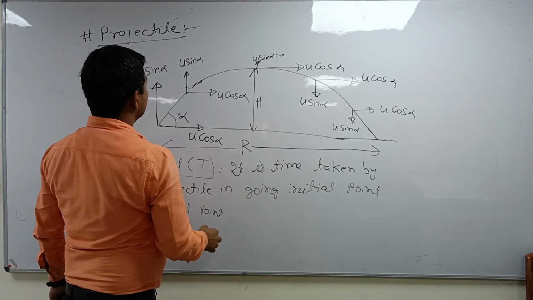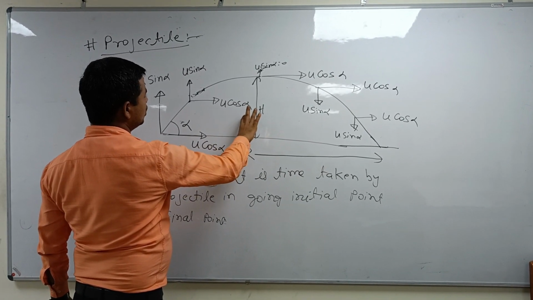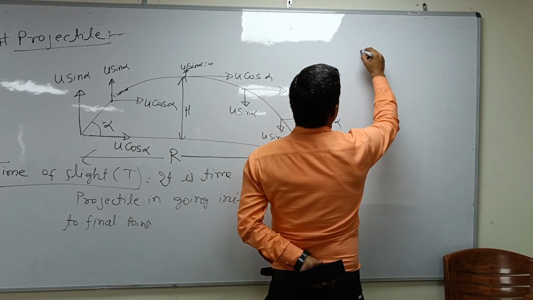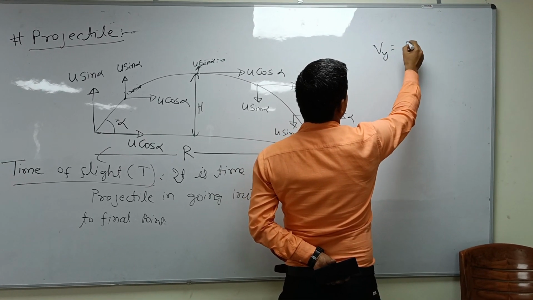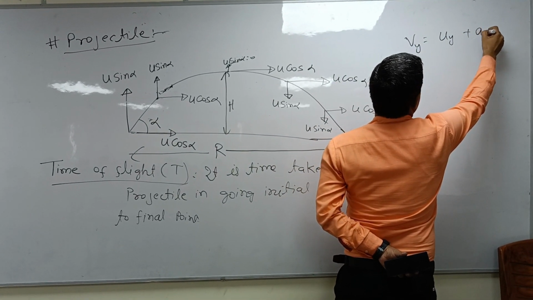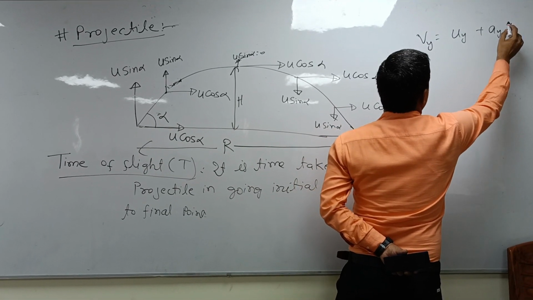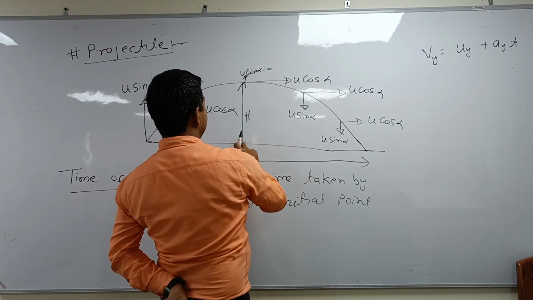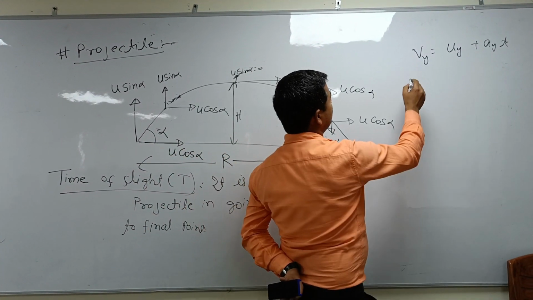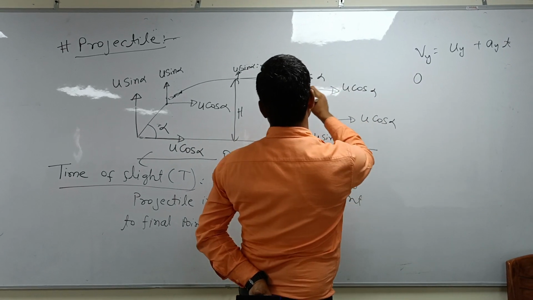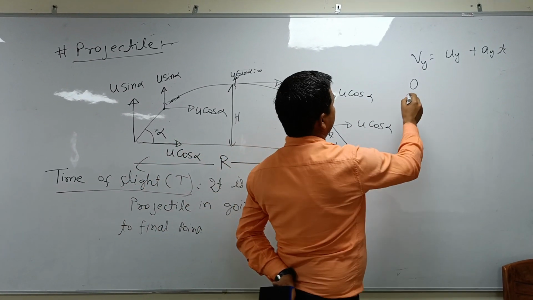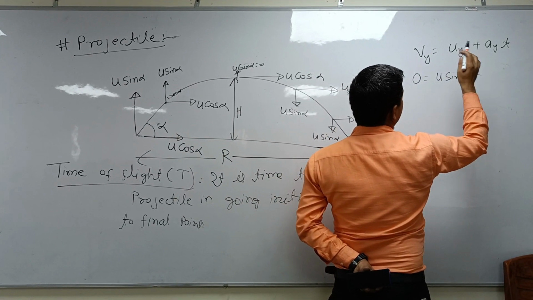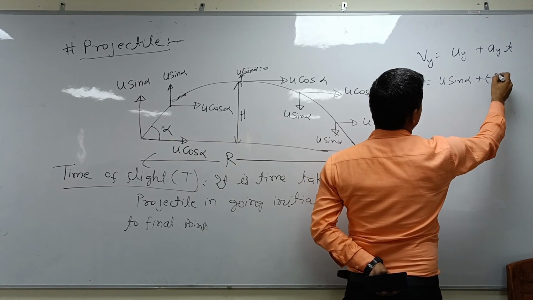To find this time, we consider the motion of the particle in the y direction and apply the first equation of motion: Vy equals uy plus ay t. Here Vy, the final velocity in the y direction, is 0 at the highest point, because the vertical component becomes 0. The initial velocity in the y direction is u sin alpha, and the acceleration in the y direction is minus g.